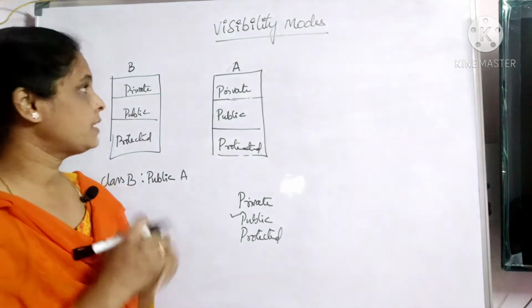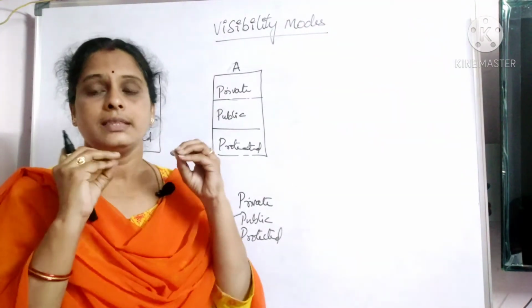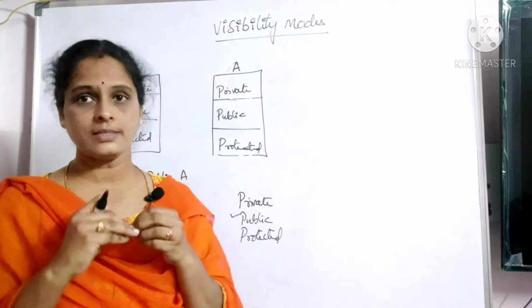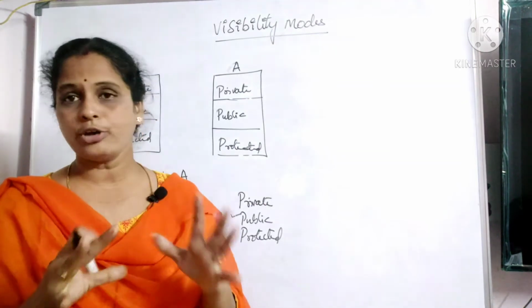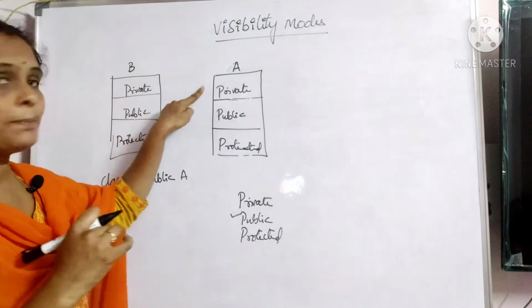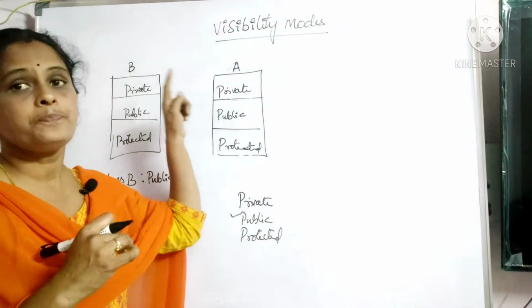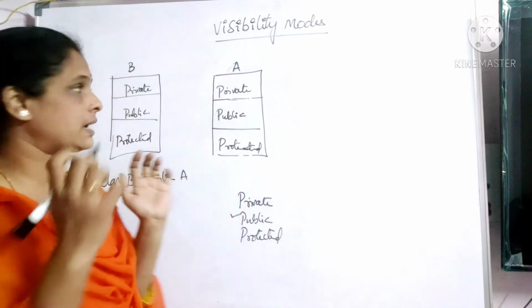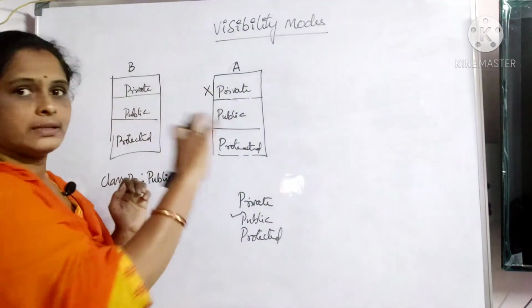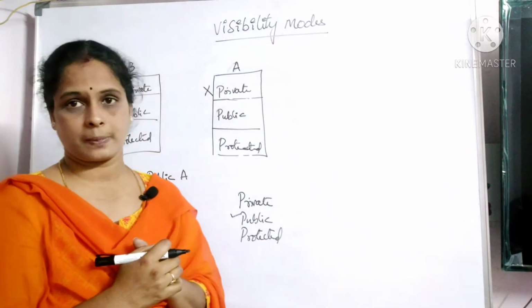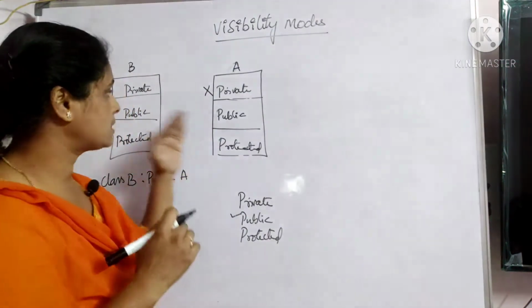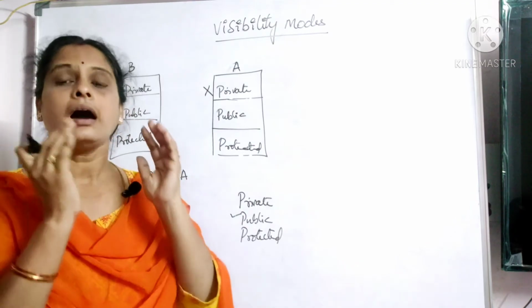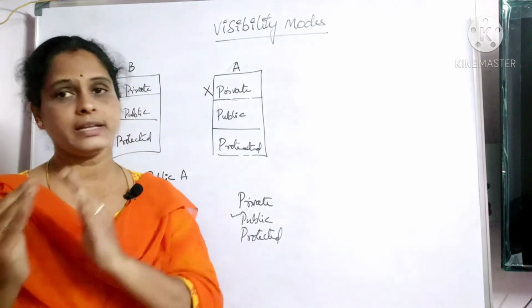Now let me tell you, private data will never be inherited. In the base class, private data will not be inherited into any derived class, which means it does not have any access. Now coming to public and protected data: these two remain the same in the derived class.